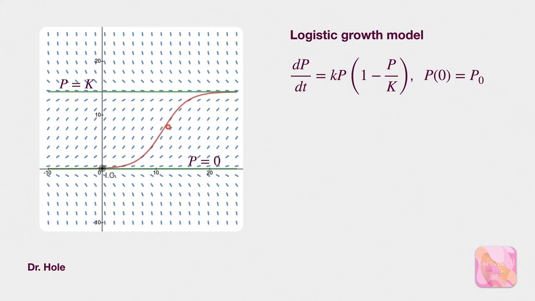Now, we have drawn in a solution curve for a P naught taken between 0 and carrying capacity K. If we assume that this P naught is a small quantity, when you have a small population, the population is just getting started, you can essentially ignore this difference term because it would be 1 minus really small, which is essentially 1.